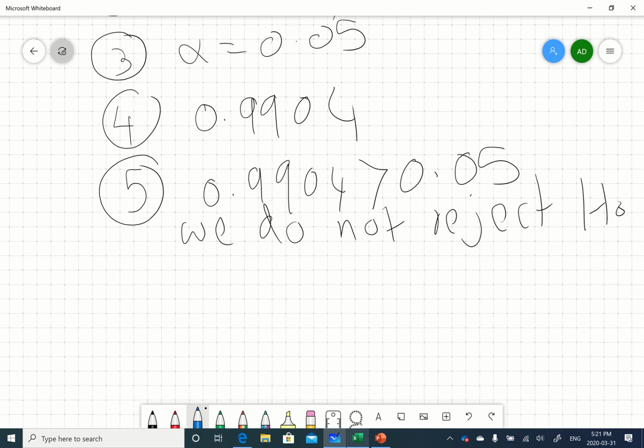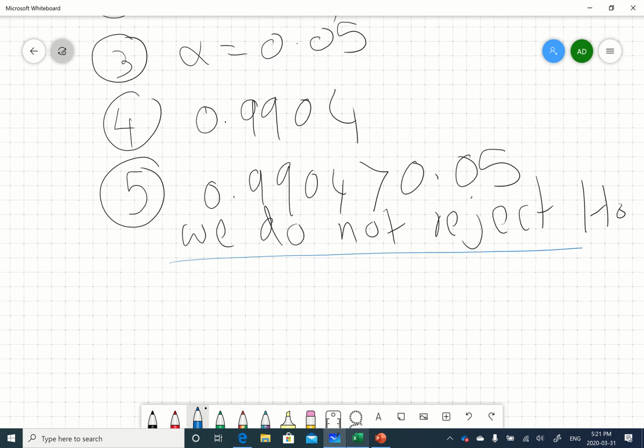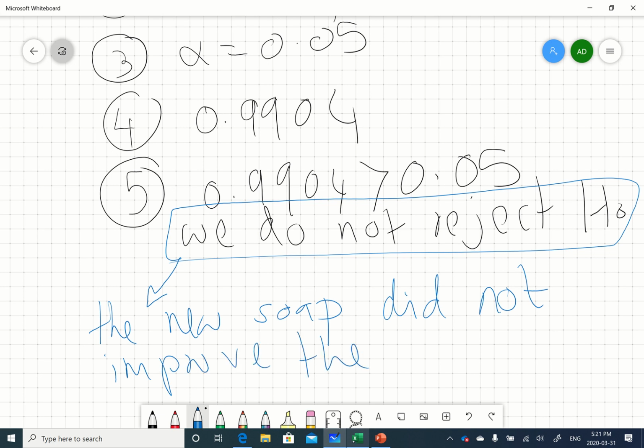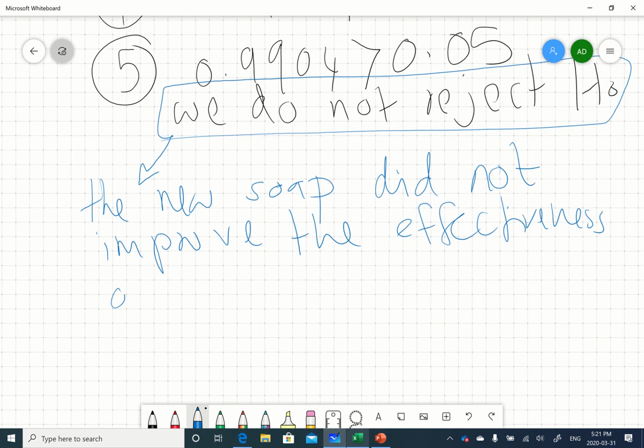Interpretation is very important. So you need to make sure to rewrite this statement in actual words. This means the new soap did not improve the effectiveness of reducing contamination.